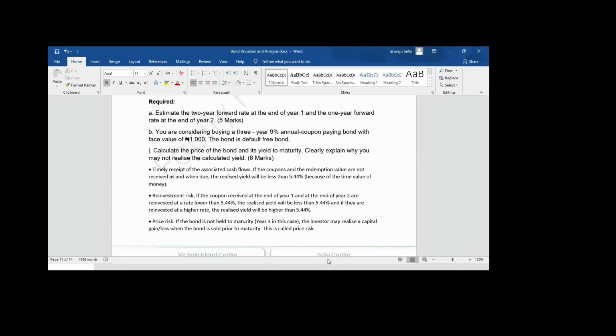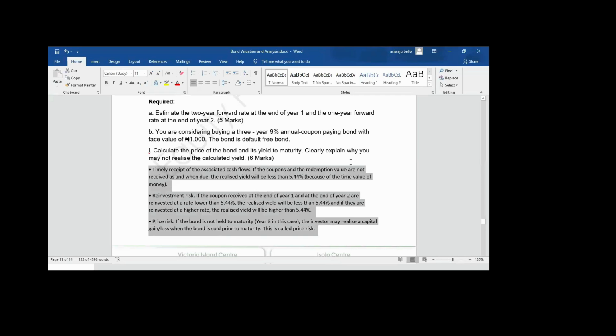You have calculated 6.8% as your yield to maturity. What are the reasons that can make you not realize the YTM? Please look at the reasons.